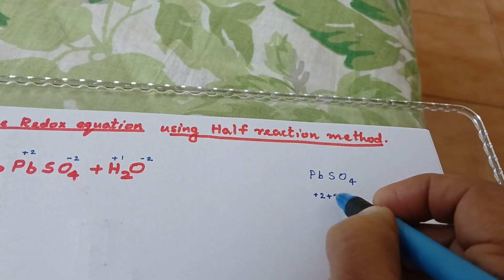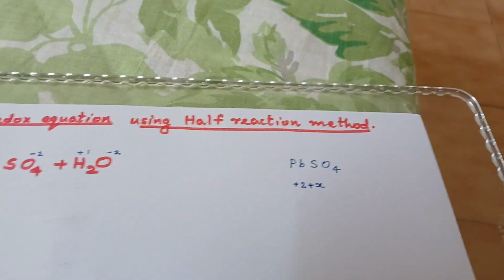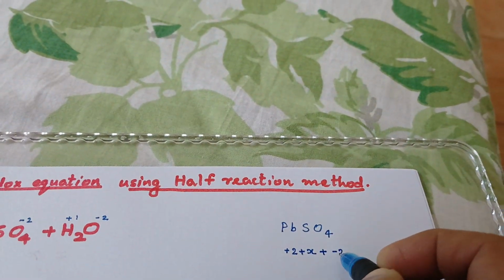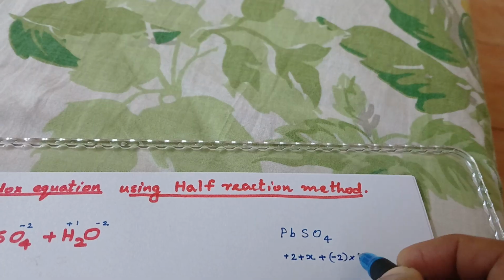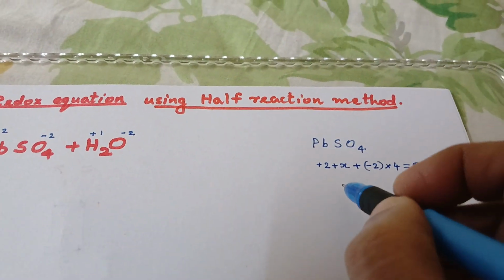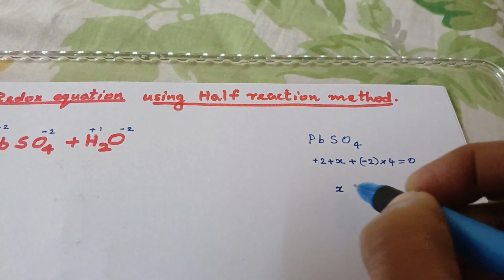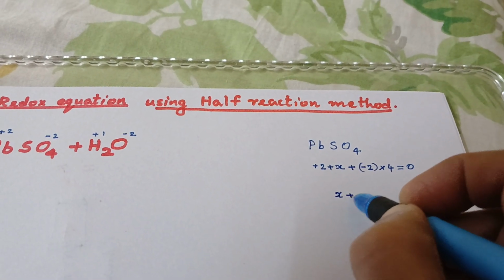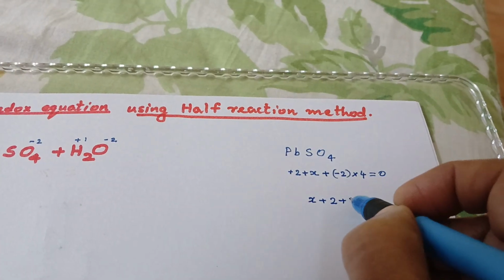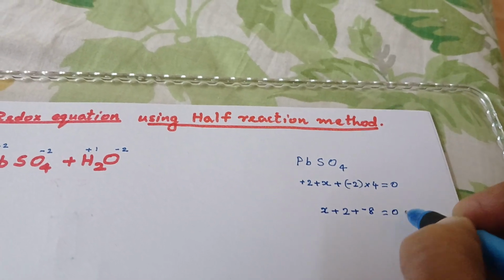Let us take X for the oxidation number of sulfur, plus 4 oxygens, -2 each. So -2 into 4 equal to 0, as there is no overall charge. So X plus 2 plus -8 equal to 0.